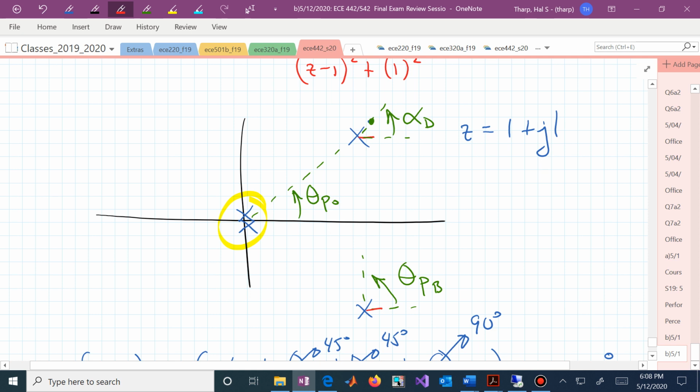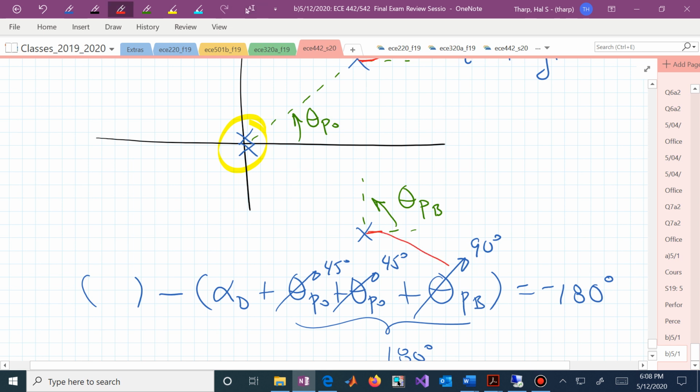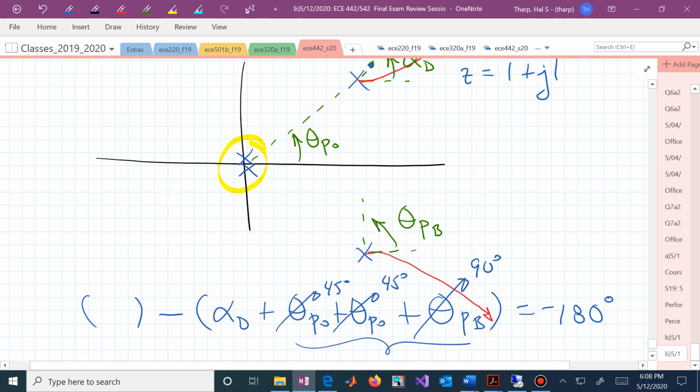We can think about rule 4 and say, well, what are our asymptotes? Well, our asymptotes now are determined by the pole zero excess, which is 4. So we have a fundamental asymptote angle of 45 degrees. We have another one at 135 degrees, etc. So this one is going to go zipping off to 45 degrees. This one is going to be going off to minus 45 degrees.